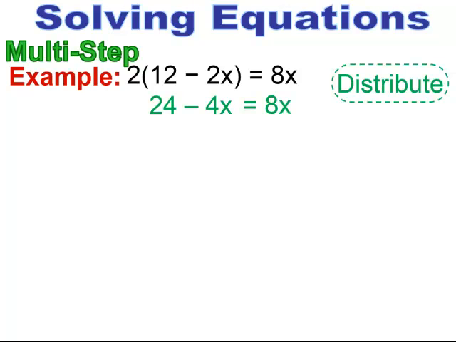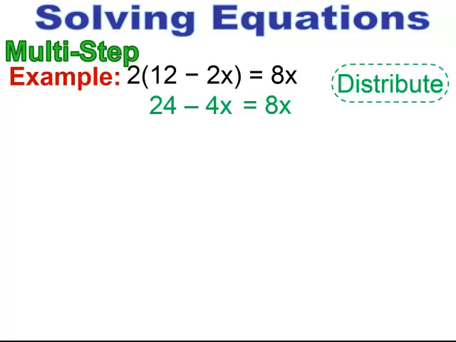Now, one thing I want you to notice here is that 8x is already by itself on one side of the equal sign. So I already have x on one side by itself. So when you're doing the movement here, you don't want to take the 8x and move it over to the negative 4x, because if you do that, you'll end up with nothing on the one side of the equal sign.